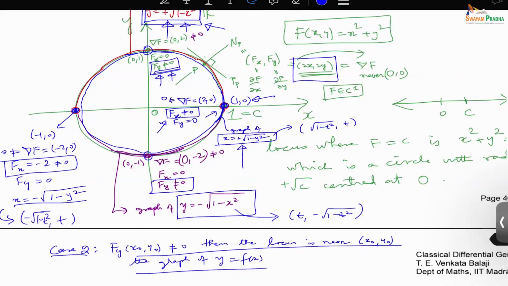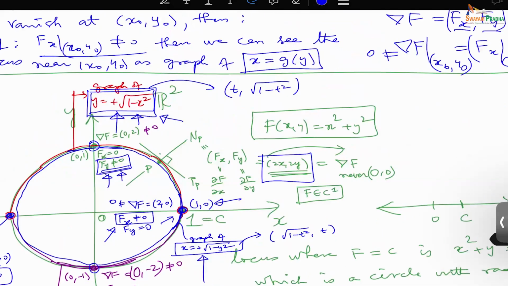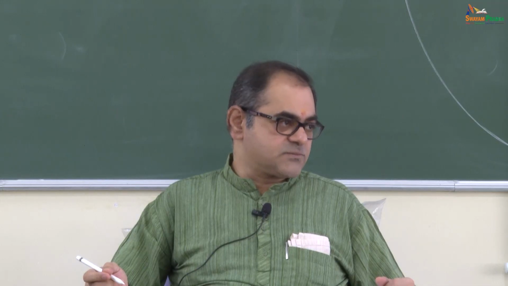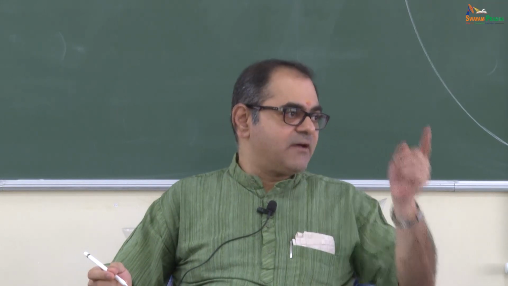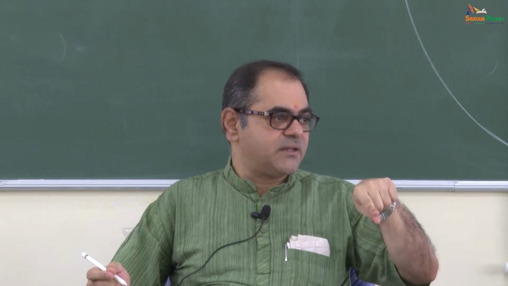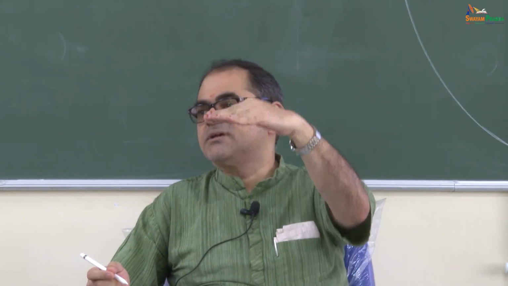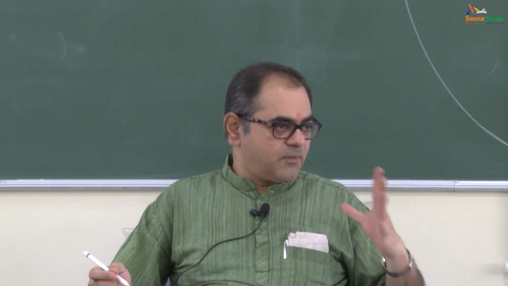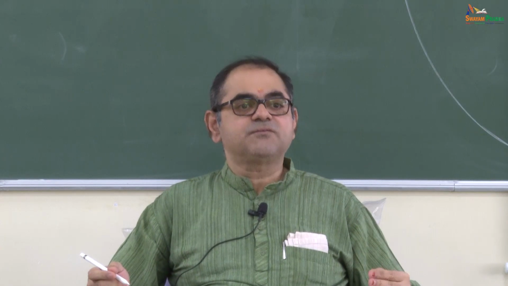In this case, for example, it is t, square root of 1 minus t squared, where t is a parameter. If you calculate the tangent vector, I have to do d by dt. So this t will return 1, and I will get 1 comma the derivative of root of 1 minus t squared with respect to t, and that's never going to vanish. So I have a regular parameterization, namely a parameterization for which the tangent vector, the velocity vector, never vanishes, and that is the analytic condition for regularity.